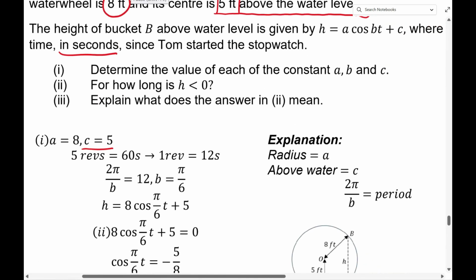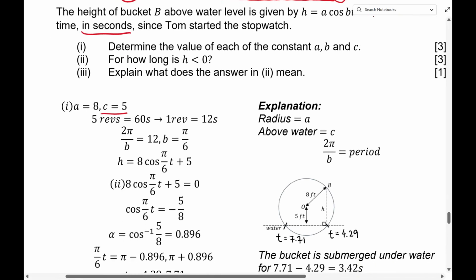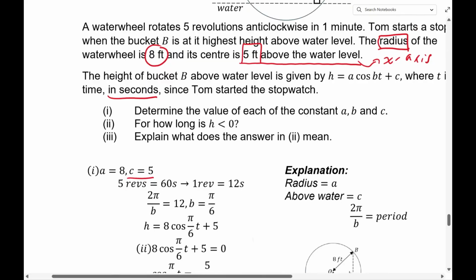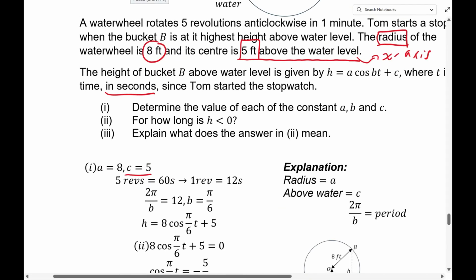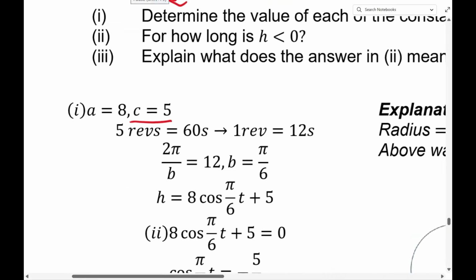Lastly, we need to find our b. So b is not as straightforward, but they did tell us in the question that it rotates 5 revolutions in 1 minute. Since the question wants us to solve in seconds, we need to first convert the 1 minute into seconds. So 5 revolutions equals 1 minute, which is 60 seconds, and 1 revolution is just 60 over 5, which is equal to 12 seconds.